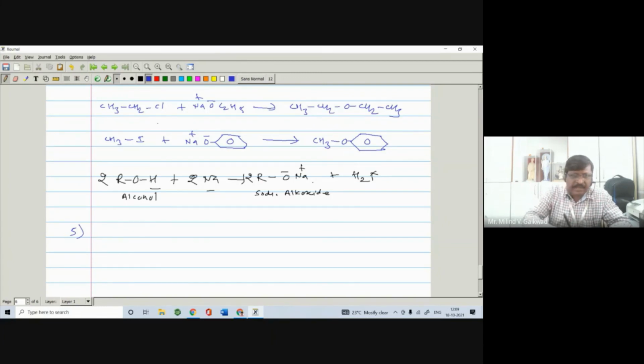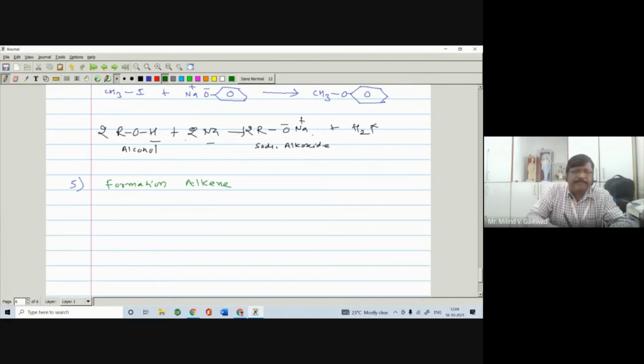Number five reaction. Starting from alkyl halide, you can get the corresponding alkene. So here we have R, here is the X in general, and here is your H. So there is the presence of an alpha carbon atom.